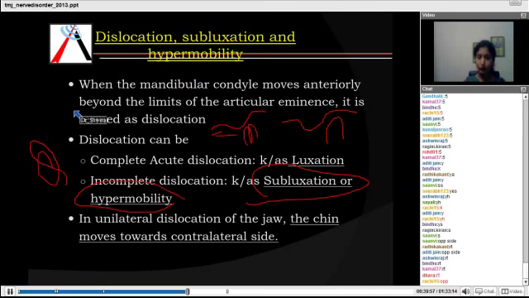There are a lot of confusions between unilateral dislocation, unilateral fracture and unilateral ankylosis. We'll come across this later again. For the time being, remember that in a unilateral dislocation, the chin moves to the opposite side, or the contralateral side.